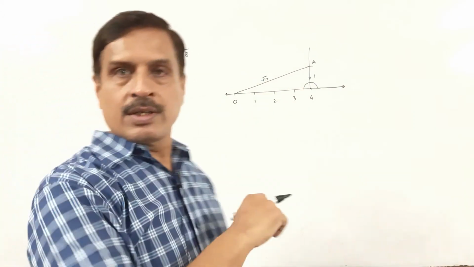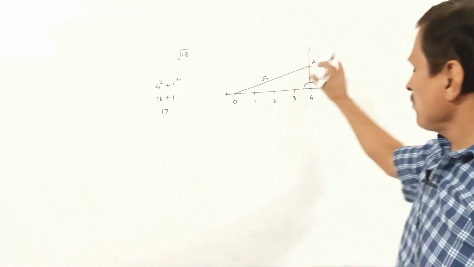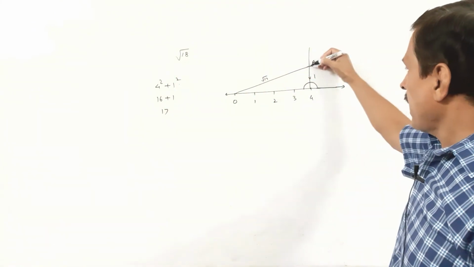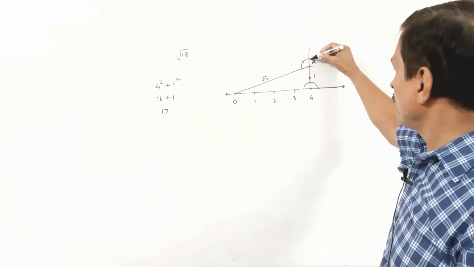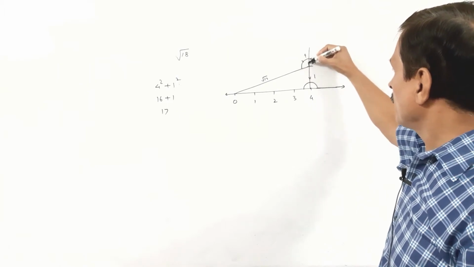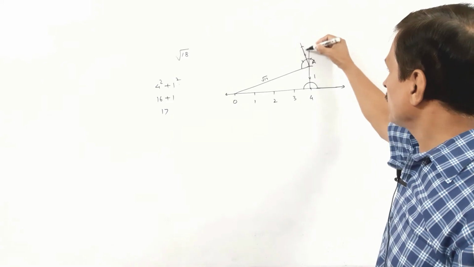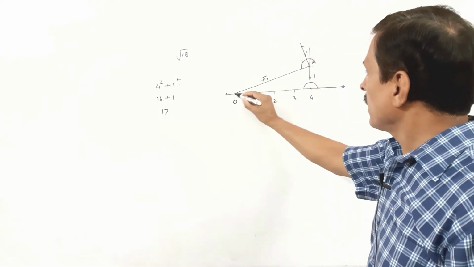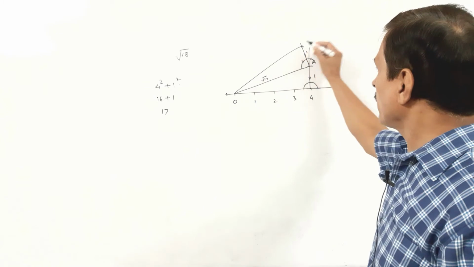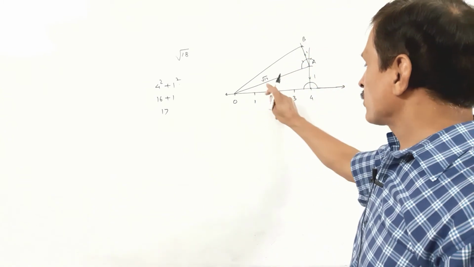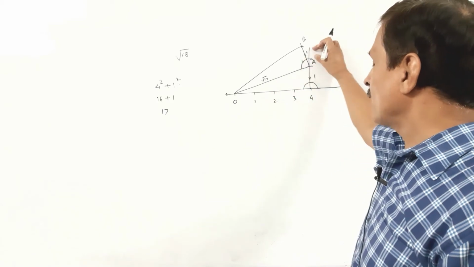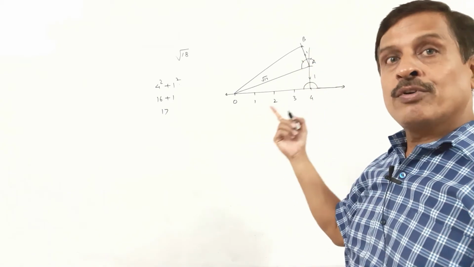We repeat the same process. At A we draw perpendicular of 1 unit length, let this point be B. This is root 17 base, square root 17 square plus 1 square, that is root of 18.